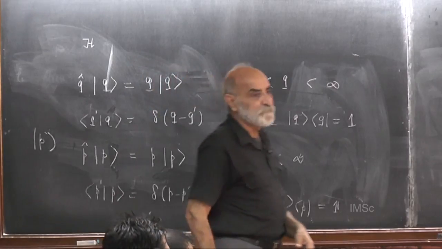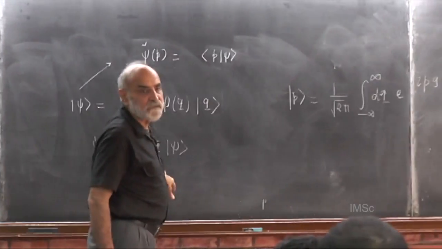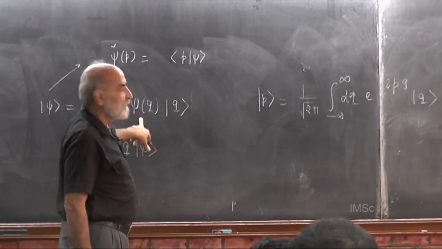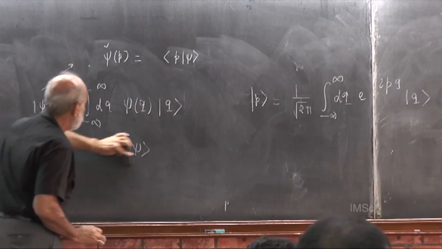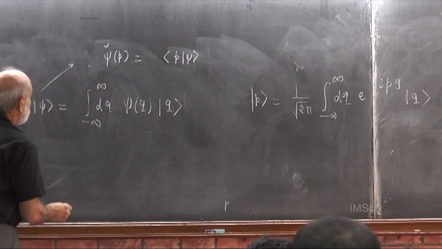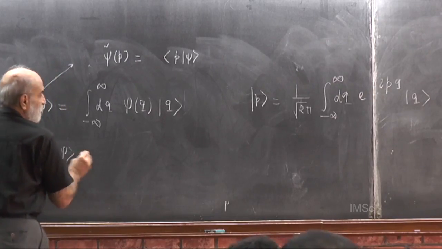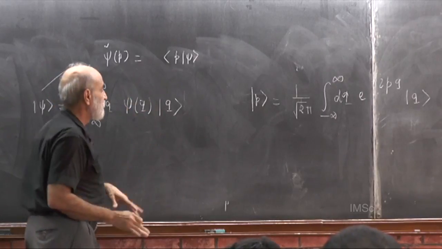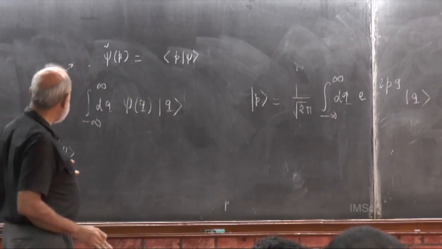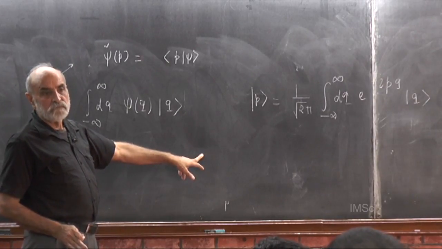This line, could you please explain? Psi is equal to integral dq. Top line. What do you mean there? So what we want to do is this: psi, and q is a basis in the Hilbert space, and you want to express psi as a linear combination of the basis vectors.